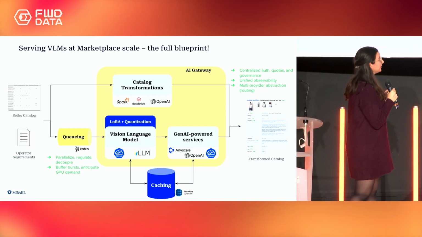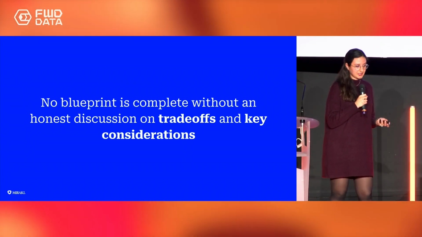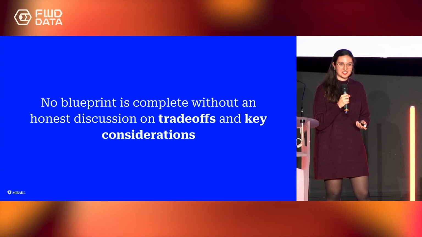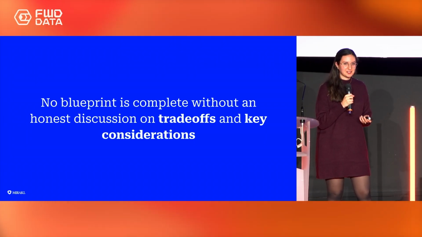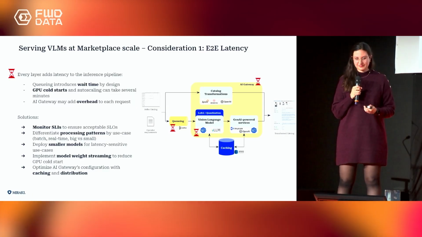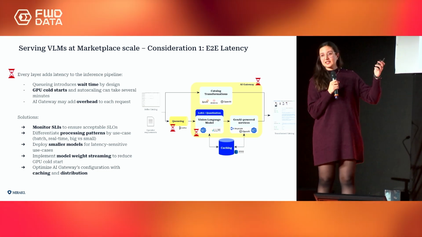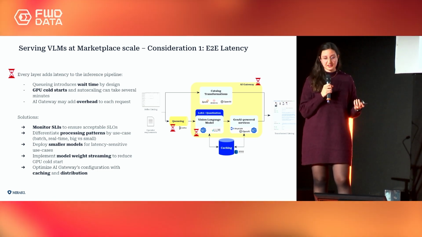That's the full blueprint. But of course, no blueprint is complete without an honest discussion on trade-offs and key considerations. I guess all of you have questions about what I've just presented, but let me anticipate that with 3 key considerations. The first one is latency. Definitely every time I'm adding a new layer to our blueprint, I'm adding a bit of latency.